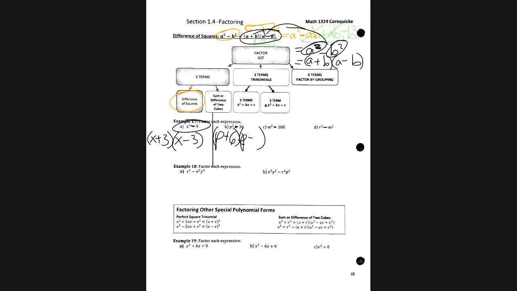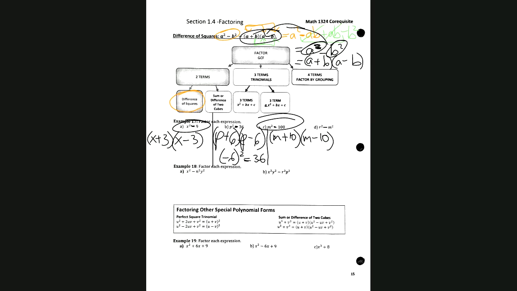Or we could say positive 6 and negative 6. That is another reason why we have a positive and a negative, because negative 6 squared is positive 36. Don't forget that. Now, right here, another difference of squares. So we factor as m plus 10, and the other one m minus 10.